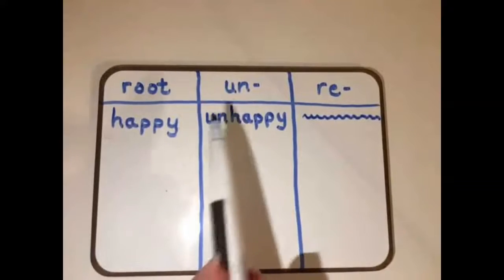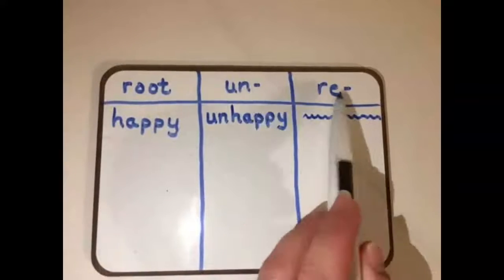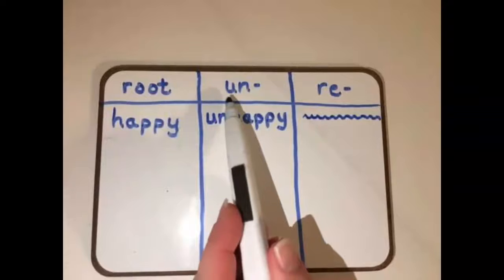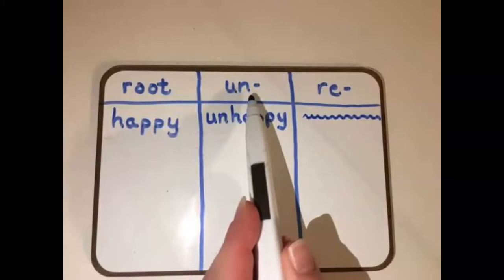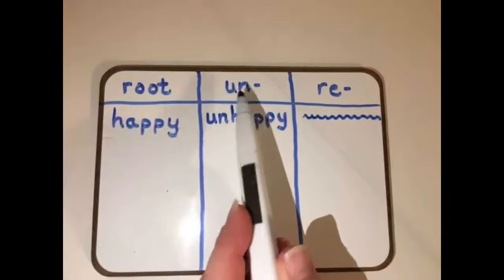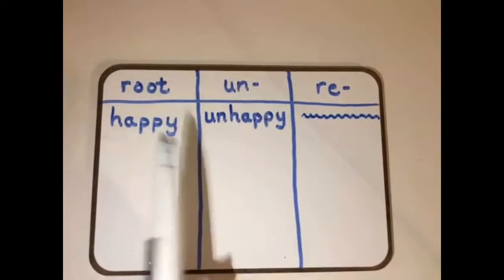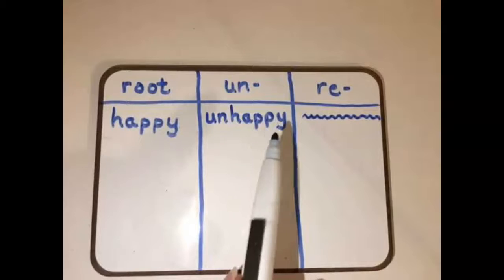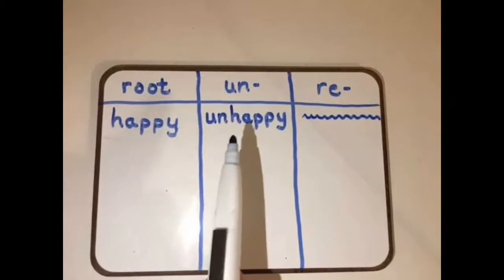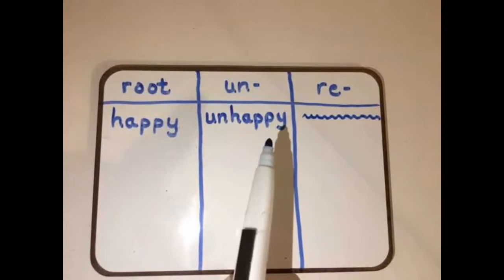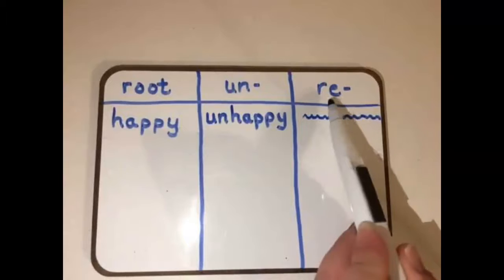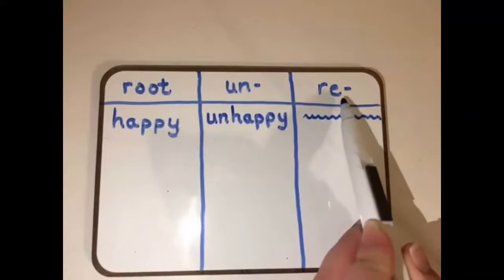Okay. Now let's look at these 2 prefixes that we've been talking about. The first one is un. Do you know what un means? Un as a prefix means not. So if you are unhappy, you are not happy, right? Now, what do you think the prefix re means?